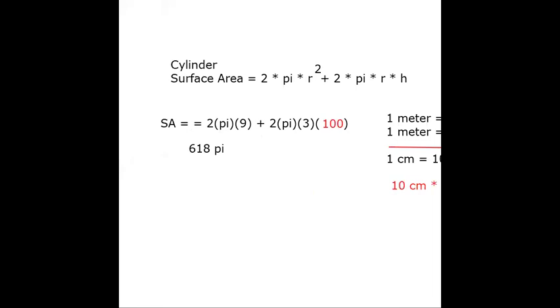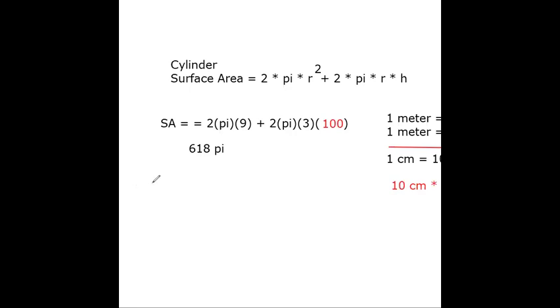Parenthesis 9 plus 2 parenthesis pi parenthesis 3 parenthesis 100 parenthesis.